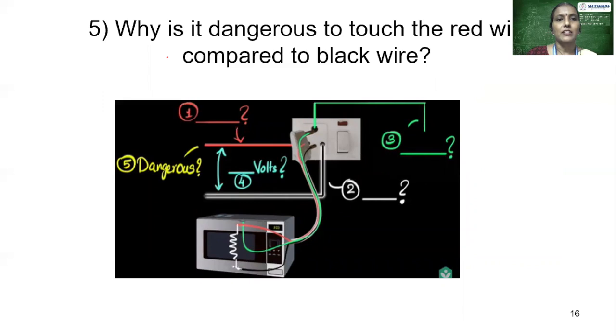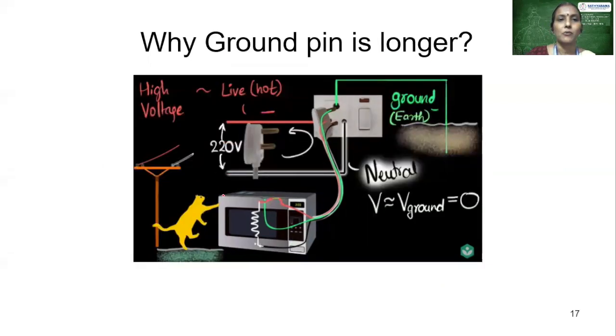Now, the fifth question is, why is it dangerous to touch the red wire compared to the black wire? One more question, why is the ground pin longer? Now find the answer from the video. Thank you for watching it.